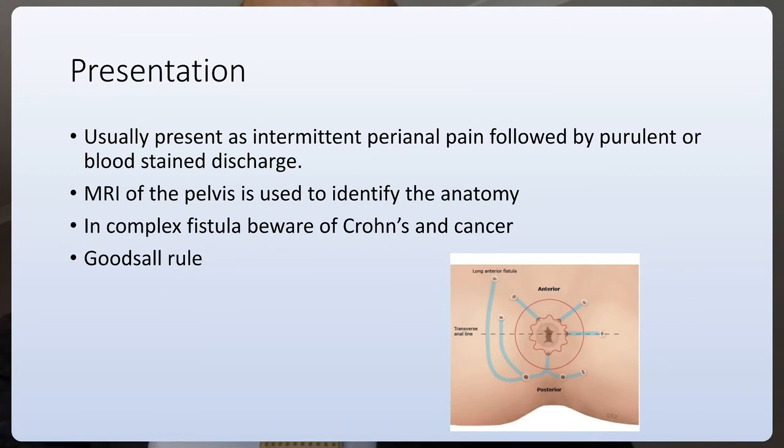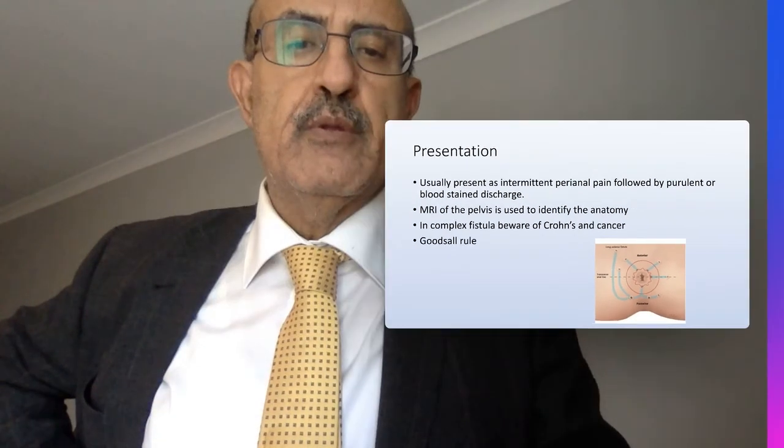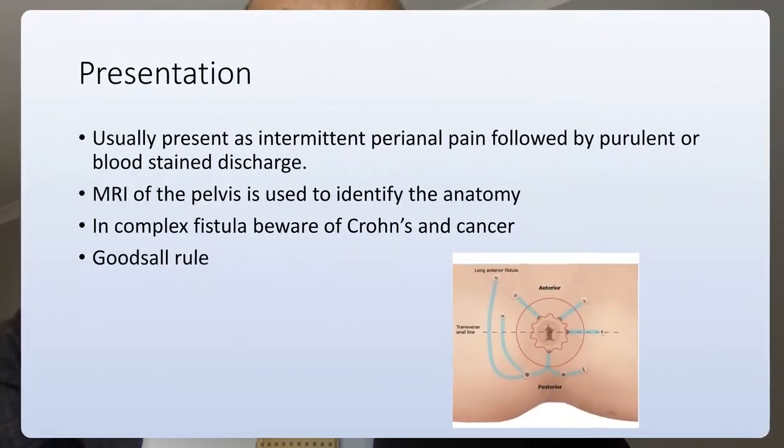The Goodsall rule says that if the patient is put in lithotomy position, upward is anterior and backward is posterior, or 12 o'clock and 6 o'clock, and then you draw a line across the circle of the anal canal that passes from 9 o'clock to 3 o'clock.